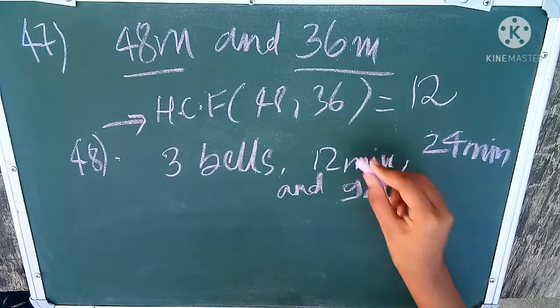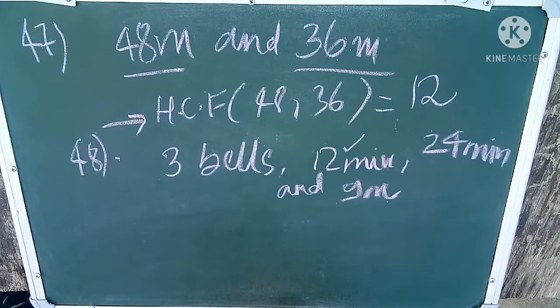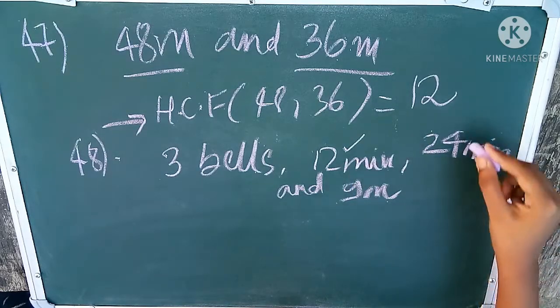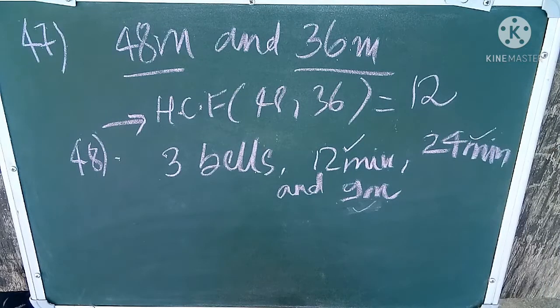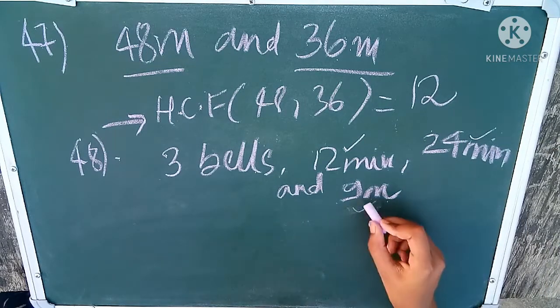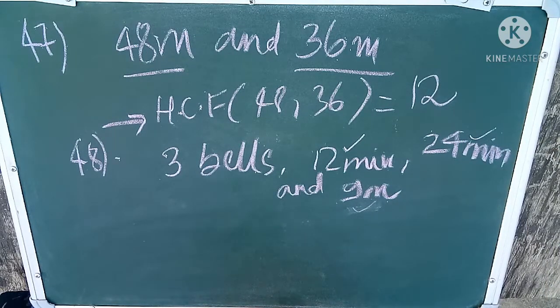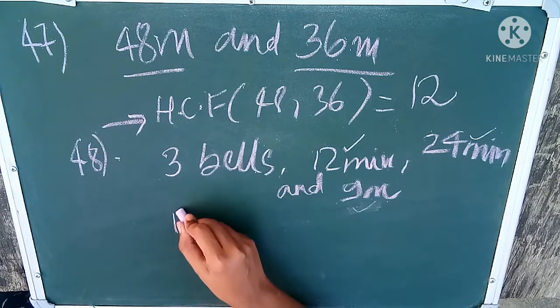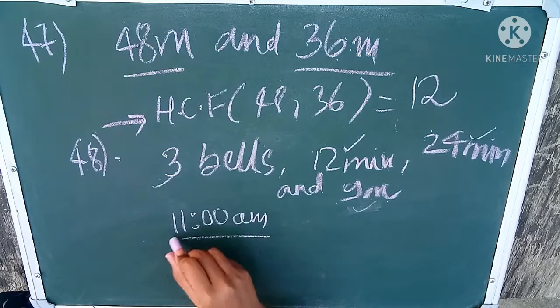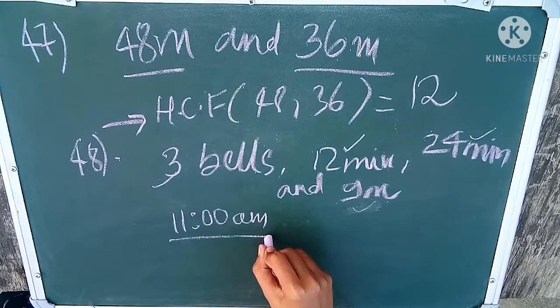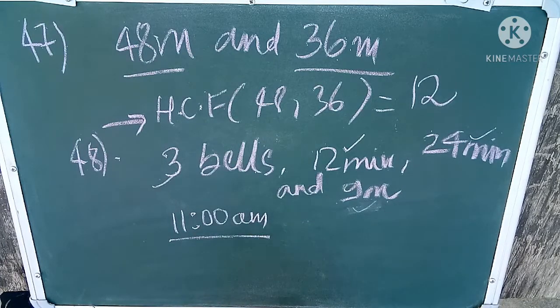Suppose the first bell tolls after 12 minutes, the second bell tolls after 24 minutes and the third bell tolls after 9 minutes. So what we need to find out is: if at 11 a.m. all the 3 bells toll together, what will be the next timing when all 3 will again toll together?